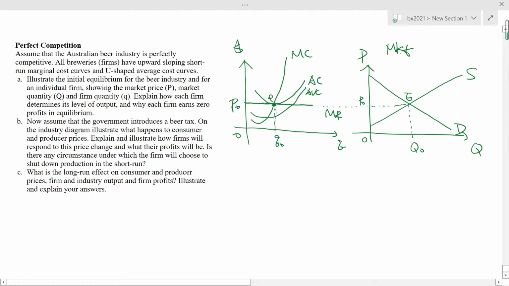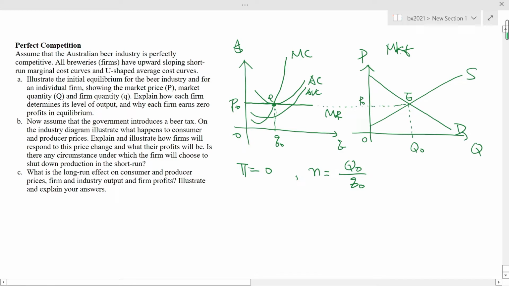This little e is the minimum point of the average cost curve, and it's also the intersection point of MC and AC. So you can see that the profit a firm earns is zero. And the number of firms N is big Q0 divided by little q0, assuming that firms are symmetric.